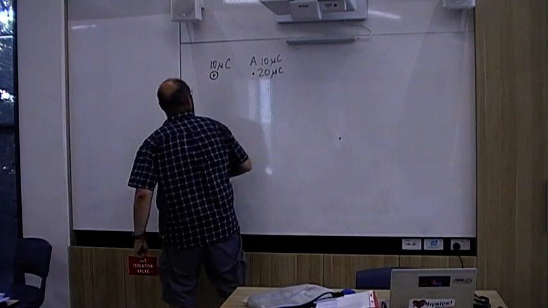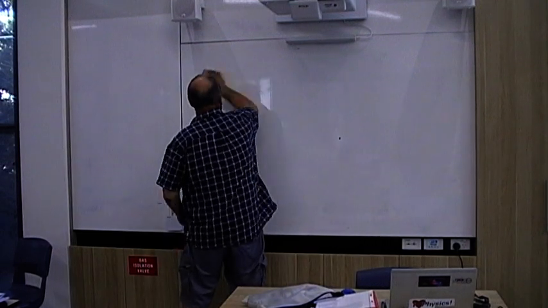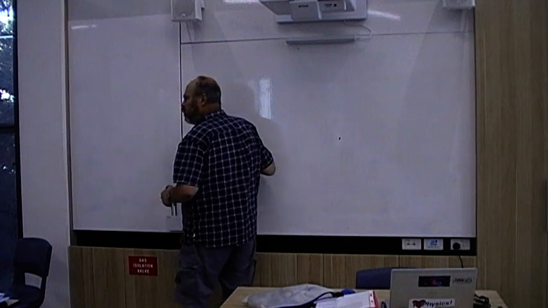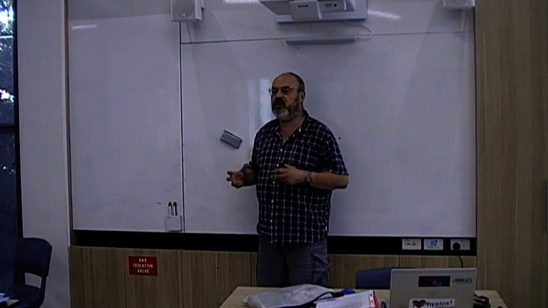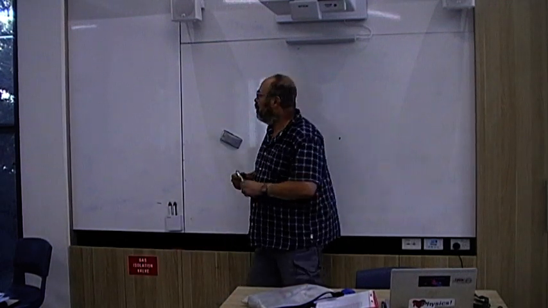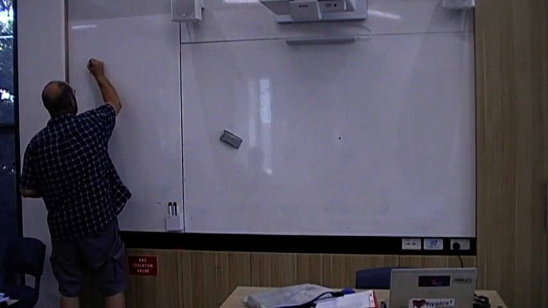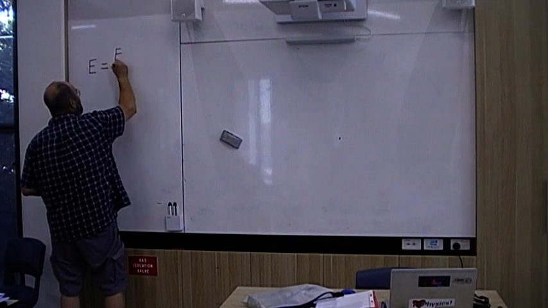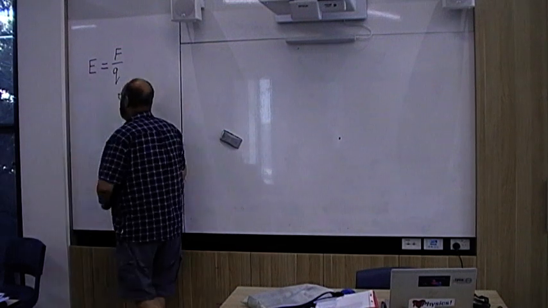So then we need another characteristic, which does not depend on which charge we bring. And that characteristic is called electric field, sometimes strength of electric field. We use the letter E for that, and that's equal to force divided by charge.